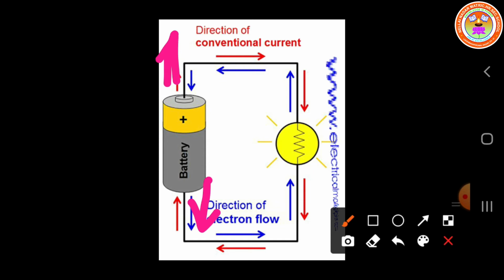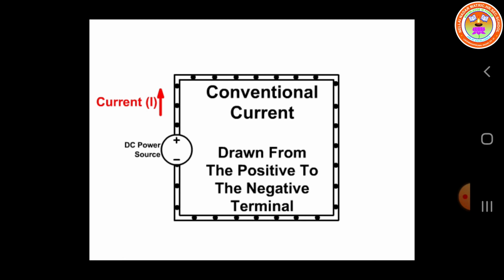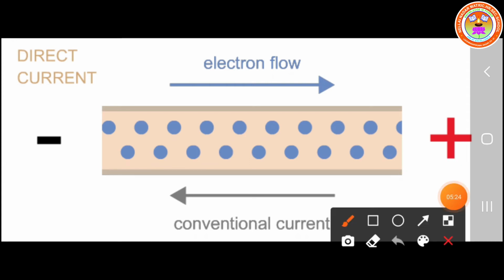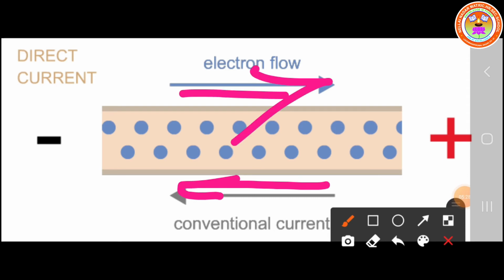This movement is known as electron flow or electric charge flow. Conventional current is in the direction opposite to electron flow. Both are in opposite directions. We can notice it here. Understood, students?